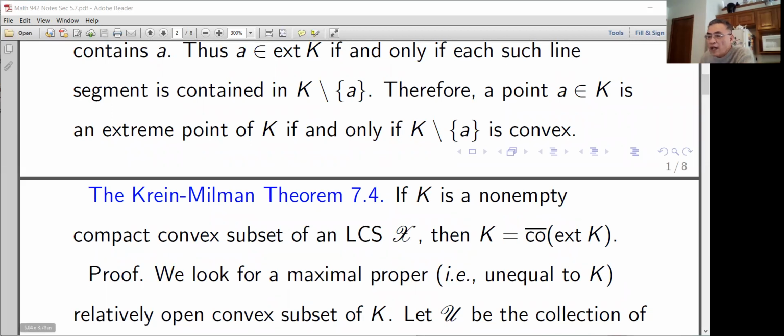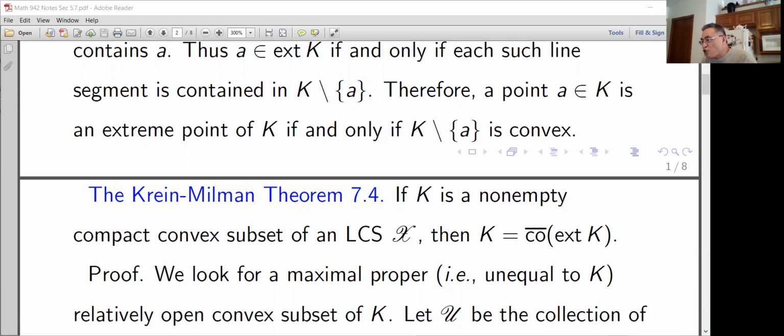Here we emphasize that this is relatively open, meaning it's open in K but not open in the original space X. So from now on in the proof, relatively open is the same as open because we just consider subsets of K.